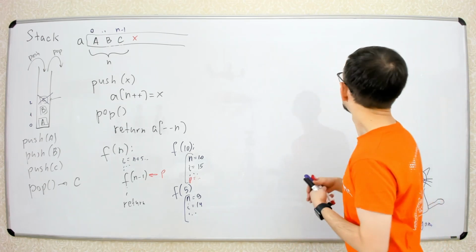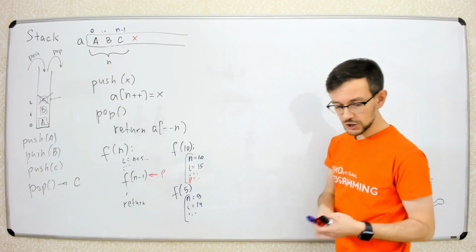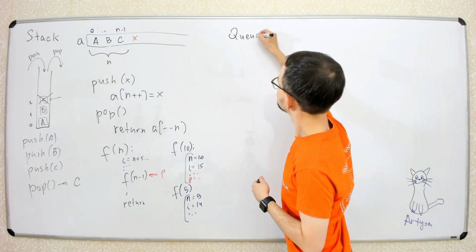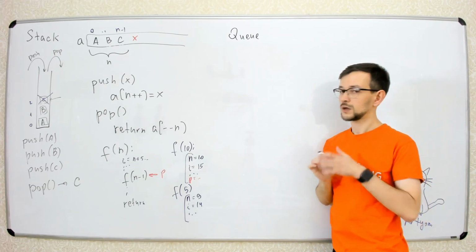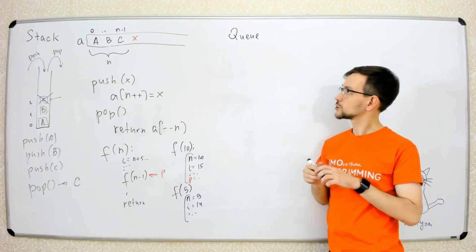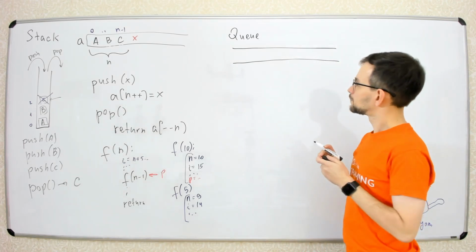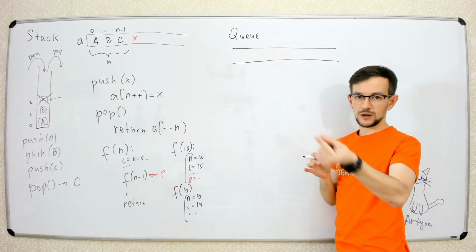Fine. Now the next data structure is queue. Queue is again a very simple data structure. It's just a list of elements.